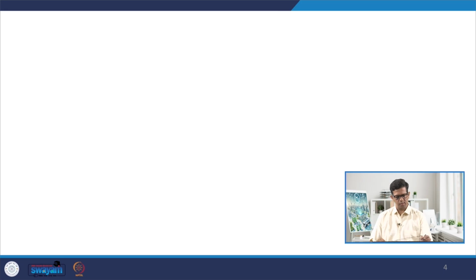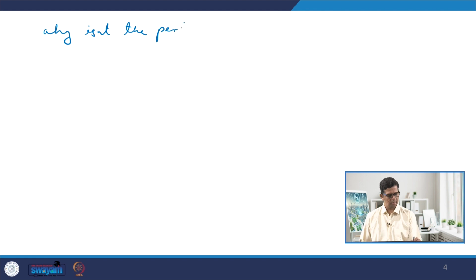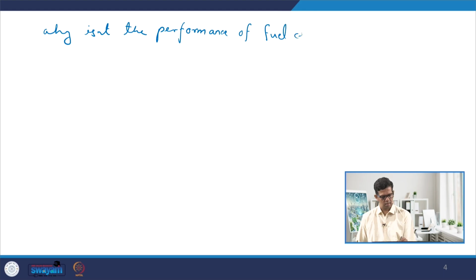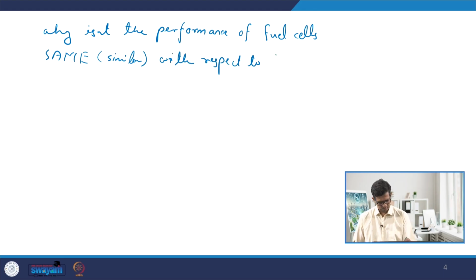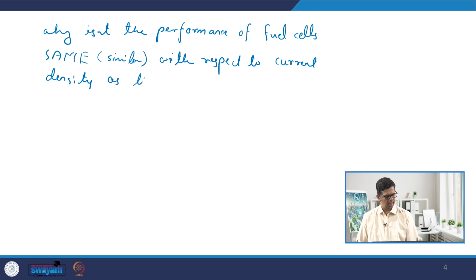So the question arises, why isn't the performance of fuel cells the same, or at least similar, with respect to current density as the size of the cell is increased?